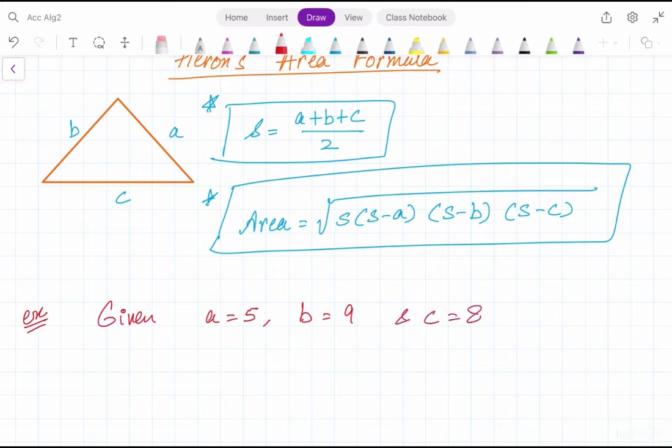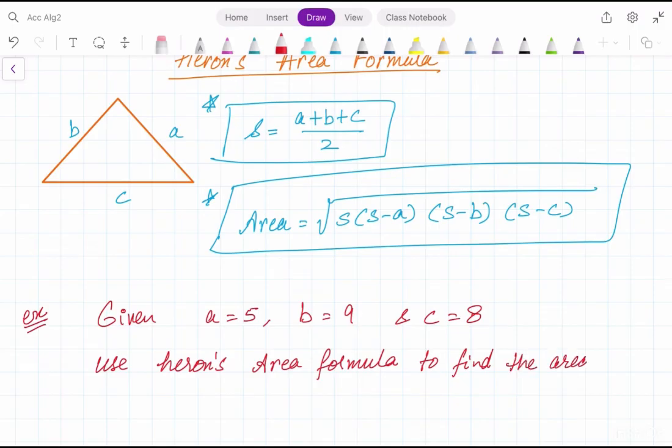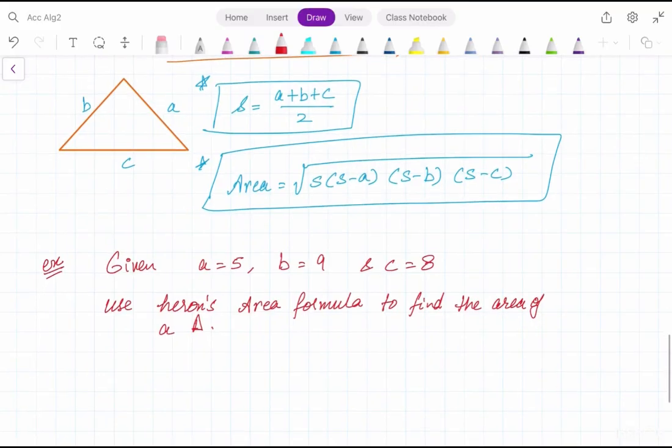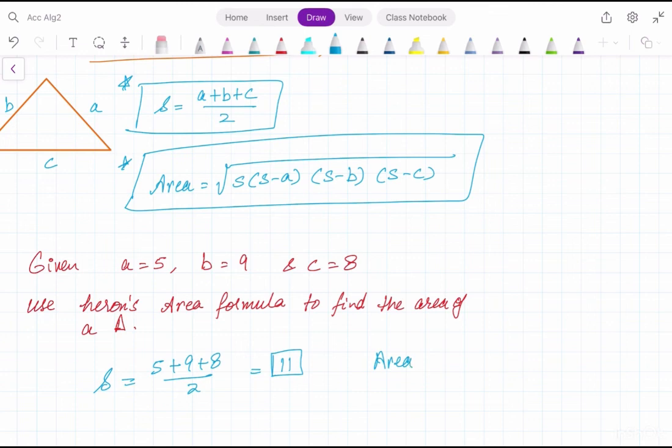So let's take one example. All the side lengths are given, A, B, and C. My first line of action to use Heron's formula is to find S. S is the sum of all three sides of the triangle divided by 2. Yes, it is not the average. We are dividing by 2 only. So S will be 5 plus 9 plus 8 divided by 2. That will give you 11. Once I know what S is, let's plug it back in the area formula.